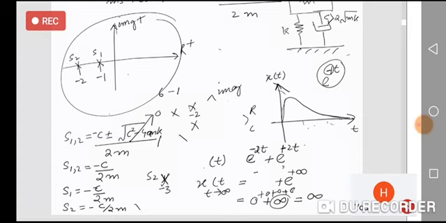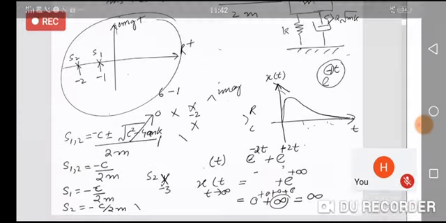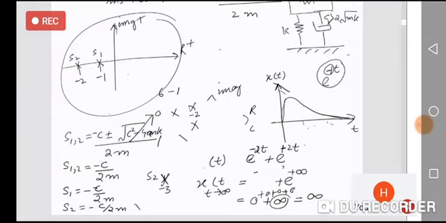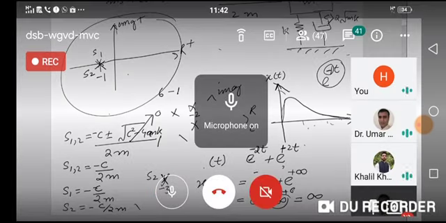समझ आ रही students? Yes, sir. ठीक है? Yeah, but what if I have two poles at -1, S1 and S2. Both the poles are at -1. अब आप क्या कहेंगे? Critical.